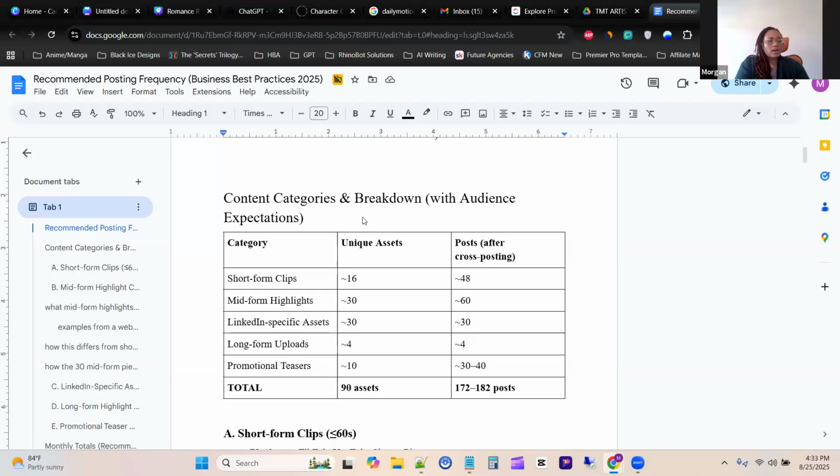Okay. Yeah, so again, I'm eventually going to figure out how to put this in ClickUp. But this is the breakdown of what I would really like the machine to be able to do: from a single long form video, create the 90 assets.